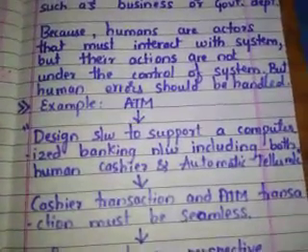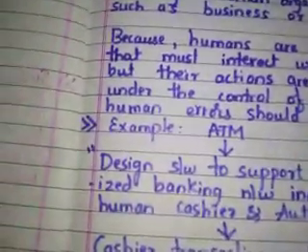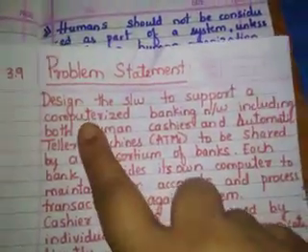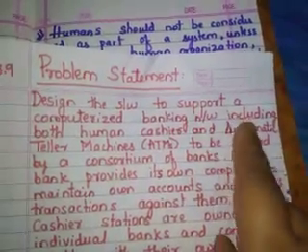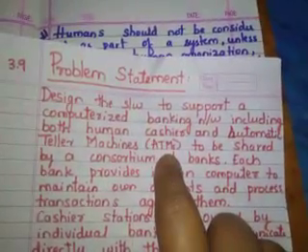An example is the problem statement of the ATM machine that we learned in the previous classes. We had a problem statement which states: design the software to support the computerized banking network, including both the human cashier and the ATM.